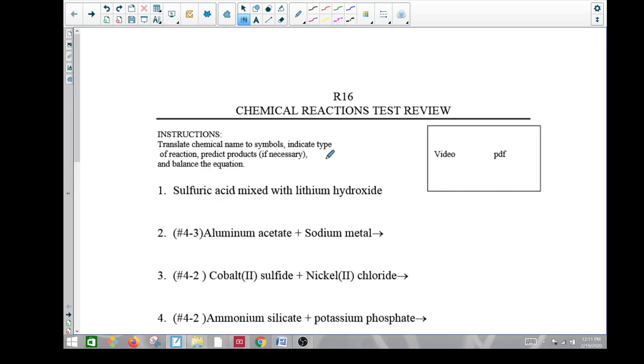Not being able to translate this acid, that would be an oxyacid, H2SO4. Alright, and I'm going to react this with lithium hydroxide, and then of course we have a cation and an anion.